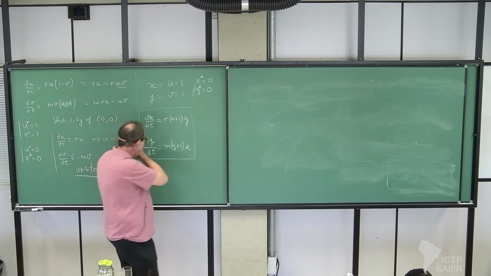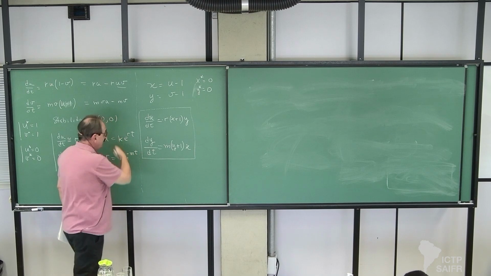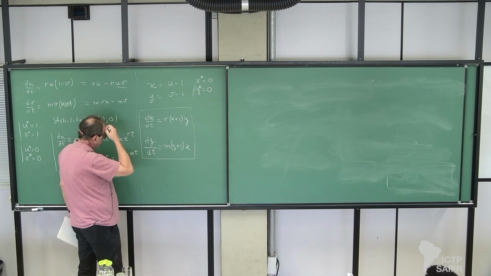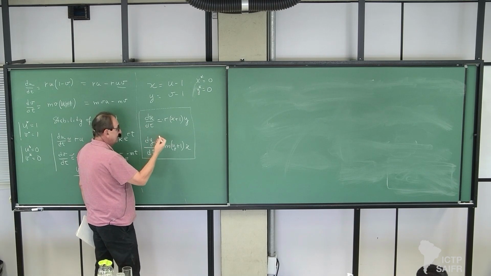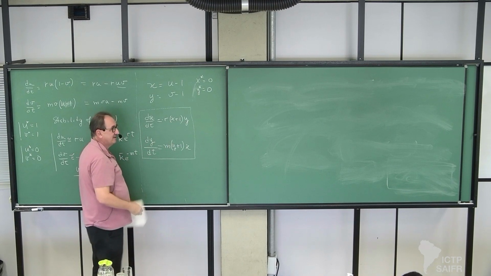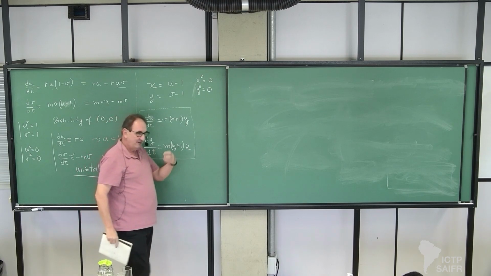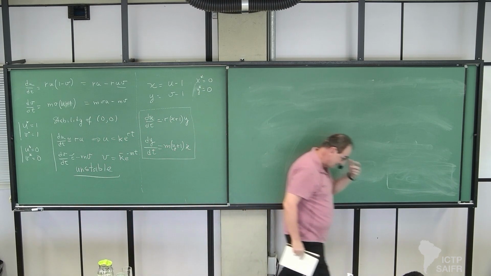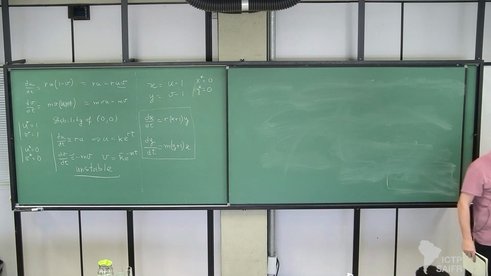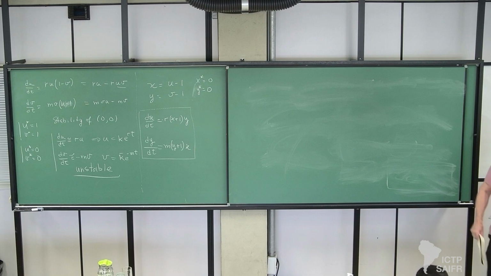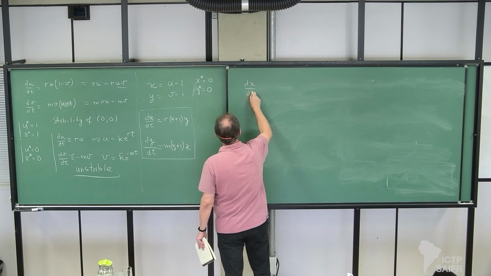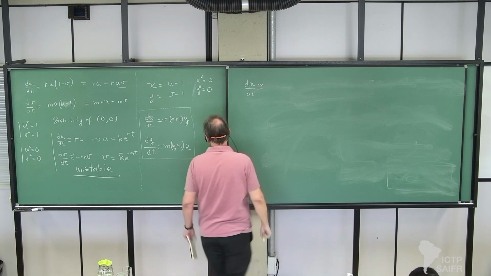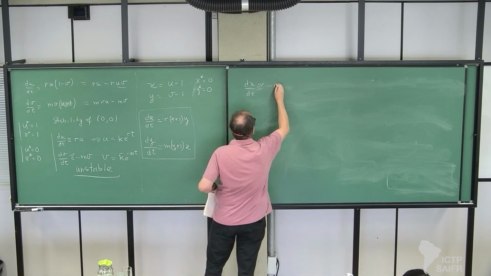So, same reasoning. We can always discard the term that is the multiplication, because y and x are small, because we are studying their values near 0, 0. Therefore, I have this approximate equation, minus ry.